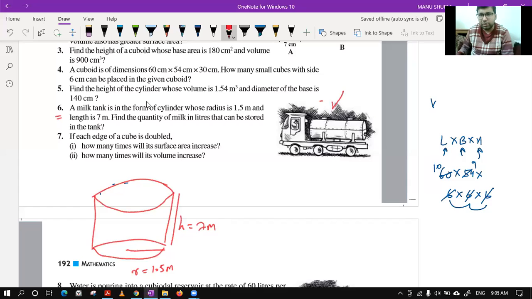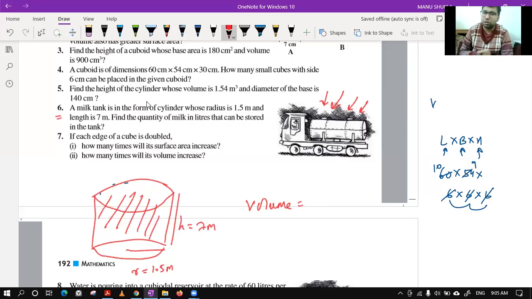Like this you have seen many Mother Dairy trucks, which are very good cylinders. It is a larger one, no? Used by Mother Dairy and Amul also. Find the quantity of milk in liters that can be stored in the tank. So class, the quantity of milk, they are actually telling you to find the volume.